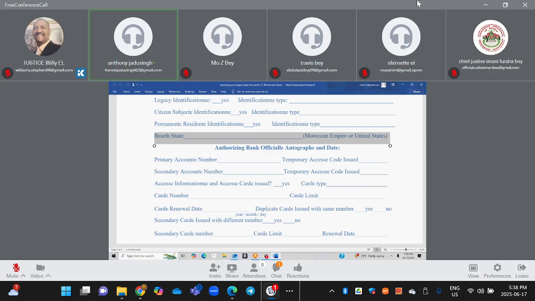And then when you turn in your application, right here you will put the card number, the card limit, the type of card. Right, this is what I was saying initially. That's why I put card type merchant. So when I hand in the application, I will tell the bank, I already have the Visa debit that you issued me, but I want to convert it to a merchant card.